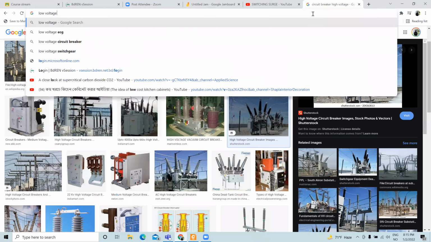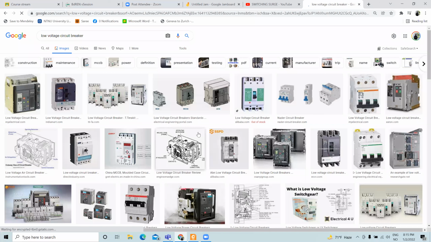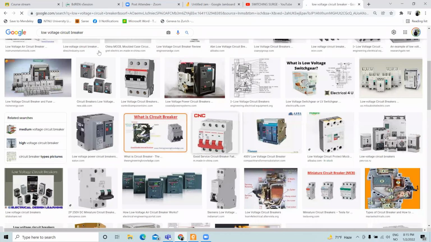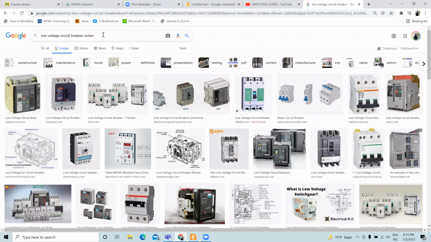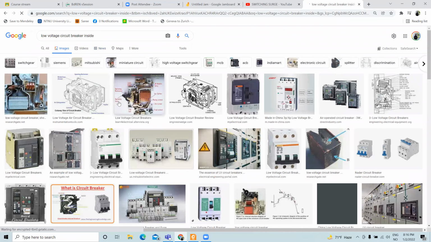If I show you low voltage circuit breakers, inside the low voltage circuit breaker, this mechanism is used. Inside this low voltage circuit breaker, as you can see here, you have these slits.